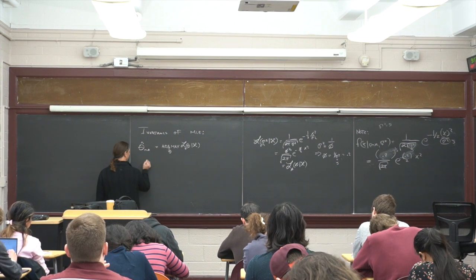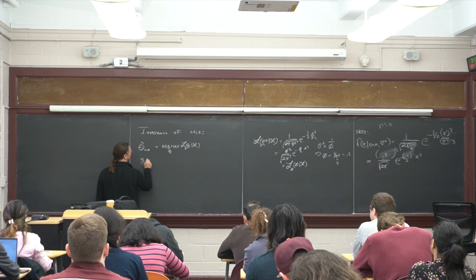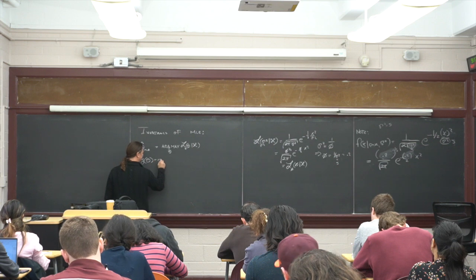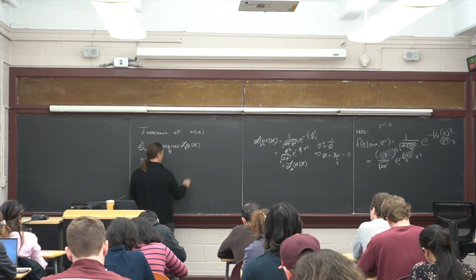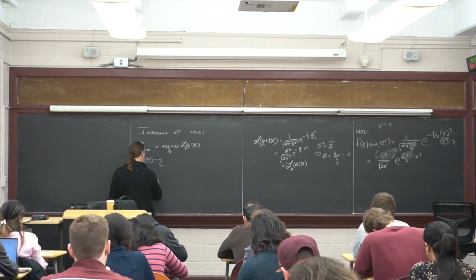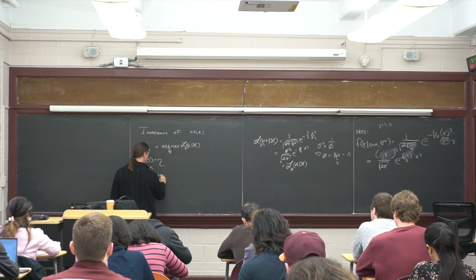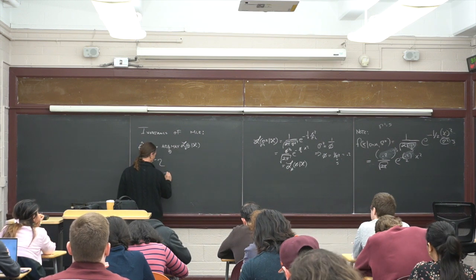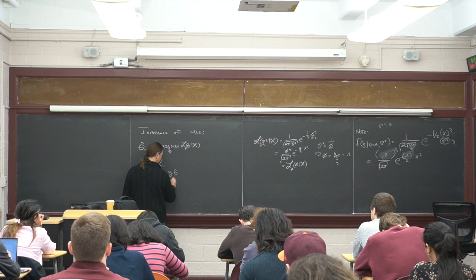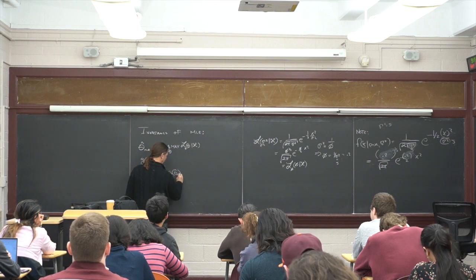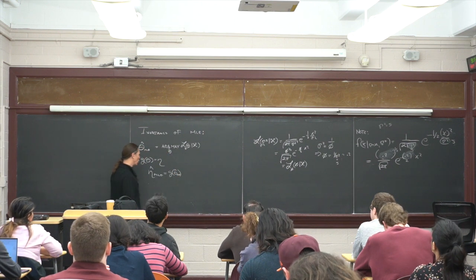Then if I end up transforming, I'll say G of theta is equal to eta, then eta hat MLE is just going to be equal to G of theta hat MLE. So that's going to be the arg maximizer.